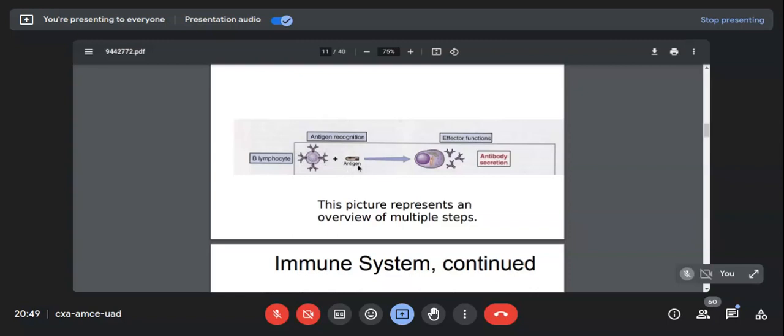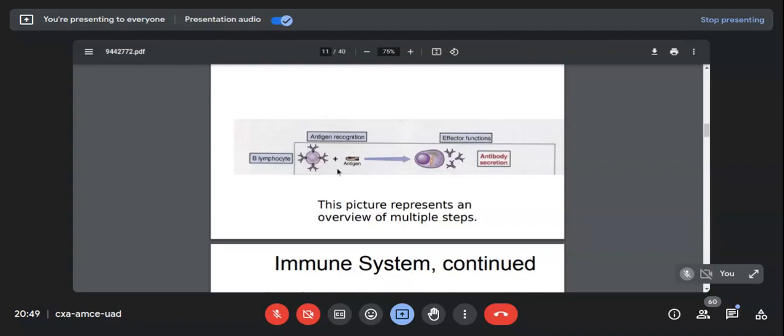This is an antigen with its epitopes. So now, when these antibodies get to touch any of its epitopes, or in other words, antigen determinants, this B cell is going to have what we call antigen recognition, meaning you're going to activate this B cell.